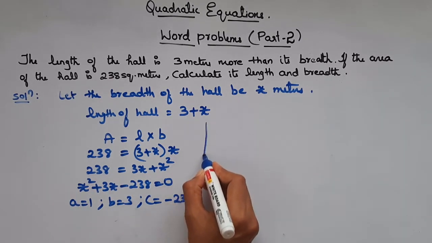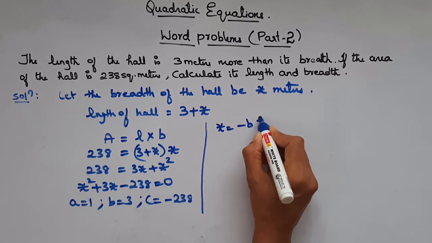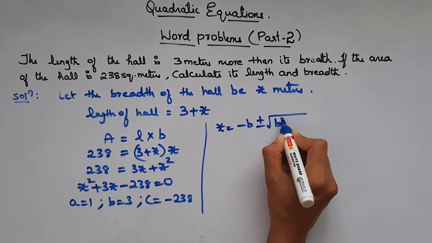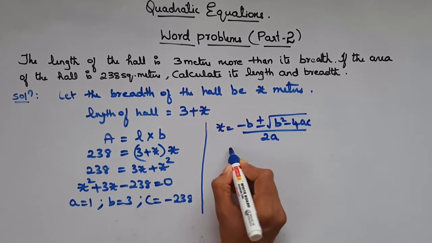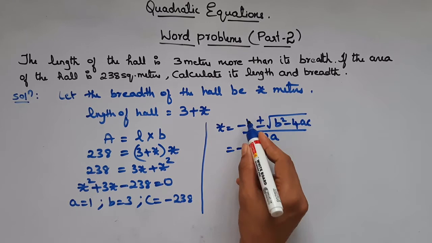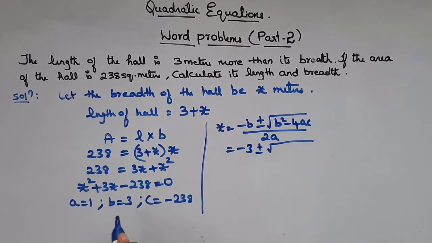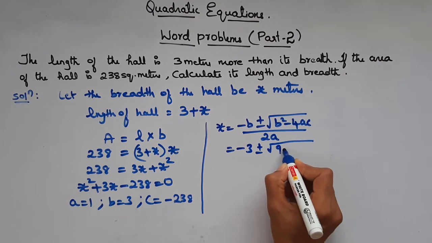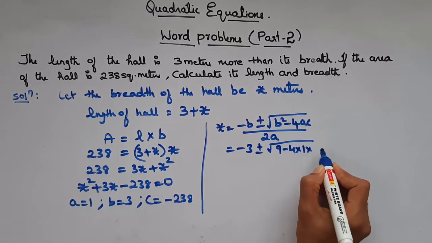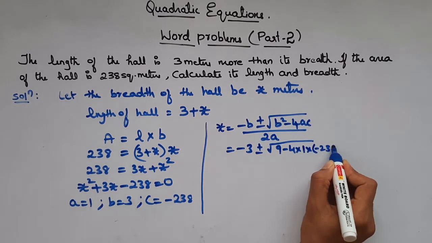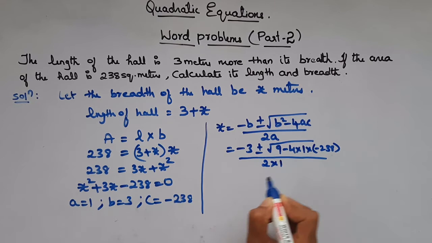So let me continue here. We know x is equal to minus b plus or minus square root of b square minus 4ac, divided by 2a, right? So here minus b is minus 3 plus or minus square root of b square, 3 square is 9, minus 4 into a is 1 into c is minus 238, divided by 2 into a is 1.